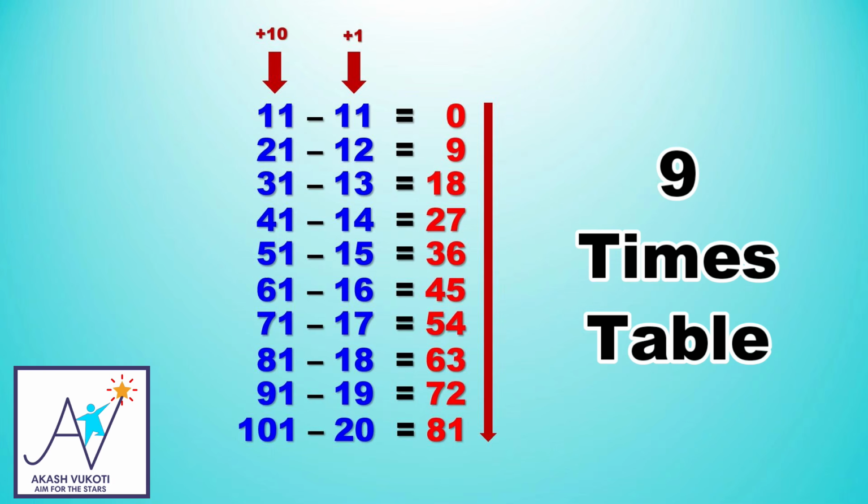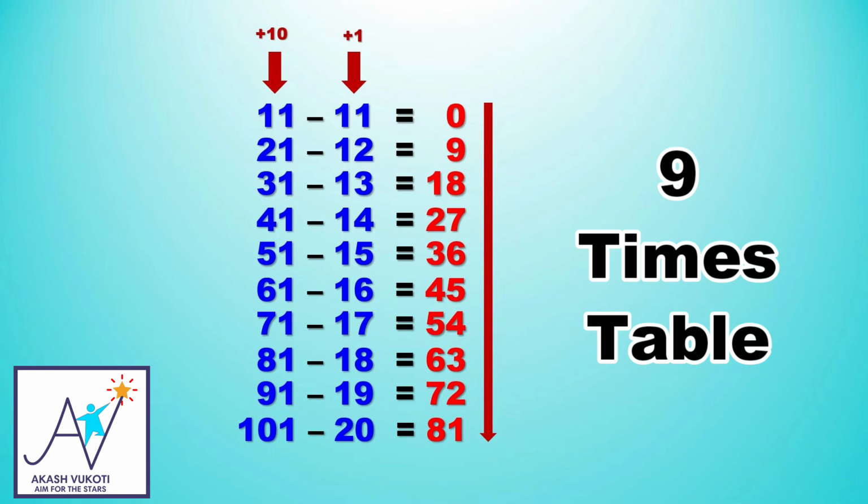So, if the difference between each one of these numbers from one to the next is 9, then that means the answer is always going to be a multiple of 9. And every single equation is going to be 9 more than the one that just came before it. And it is for this reason that the answers to all of these problems are the 9 times table.